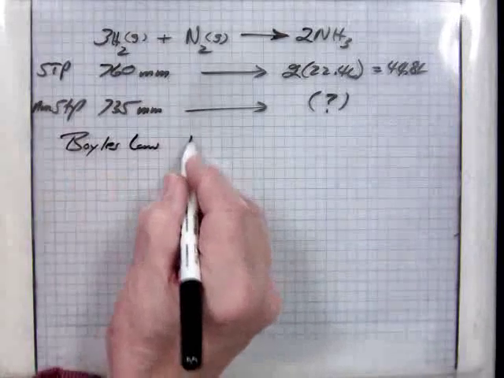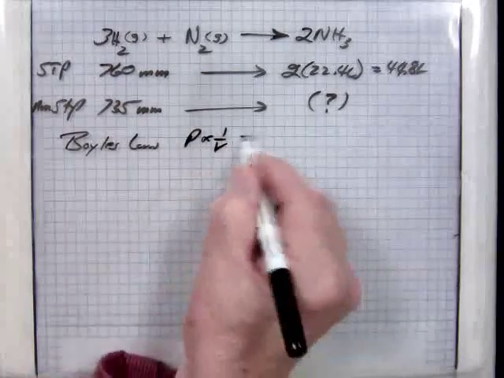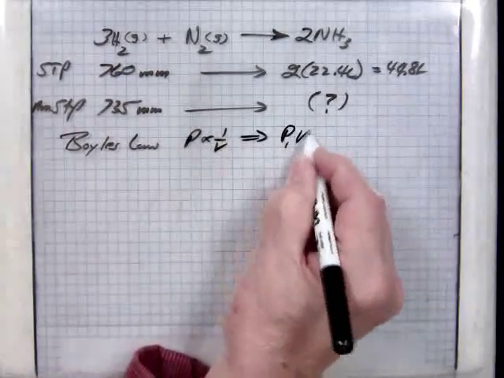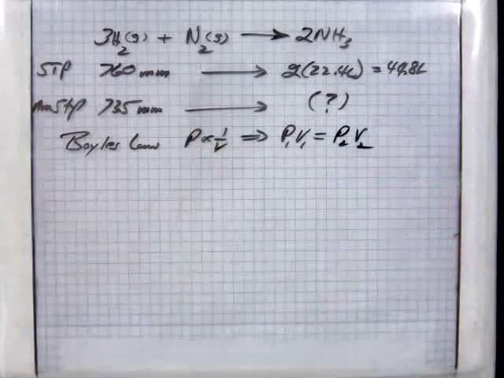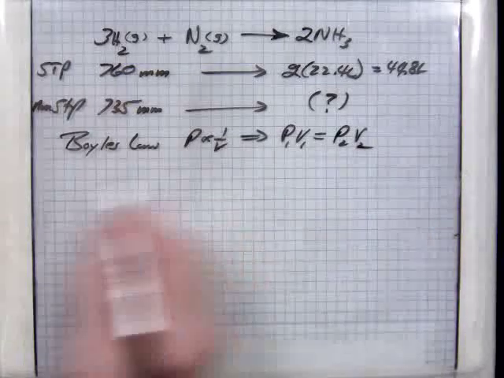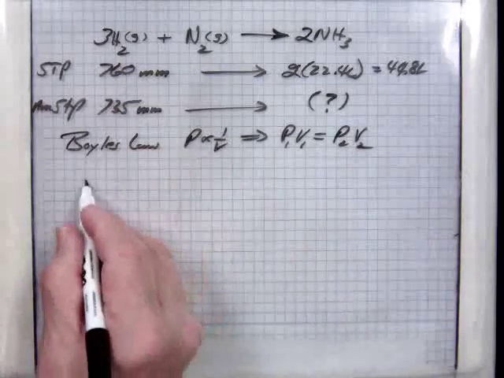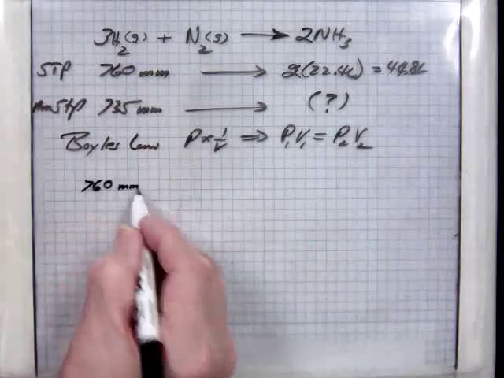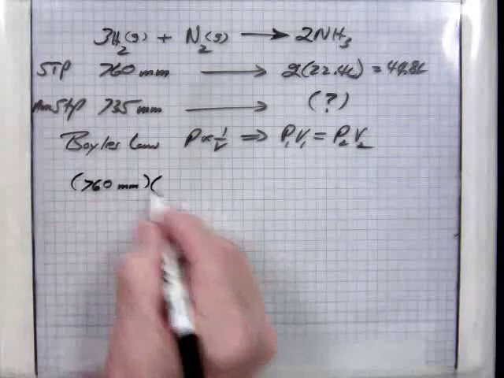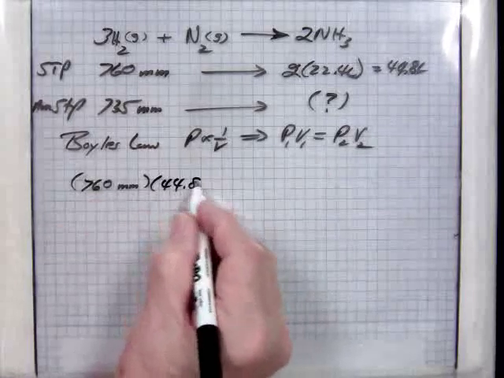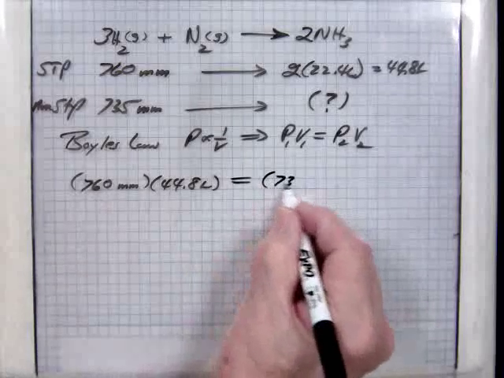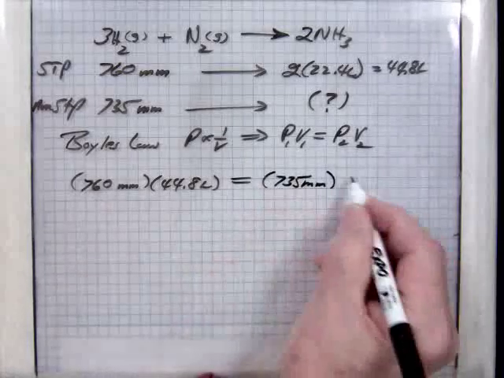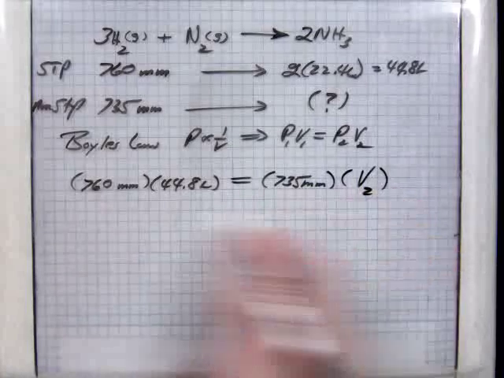And we know that pressure is proportional to 1 over V, and ultimately this gives you P1 V1 equals P2 V2. And so we see that P1 is 760 millimeters of mercury. Volume 1 is 44.8 liters, and that's equal to pressure 2, 735 millimeters, times volume 2, which is the unknown.